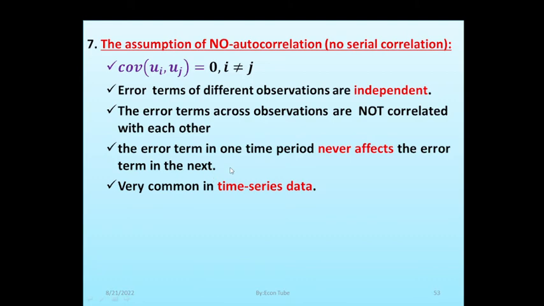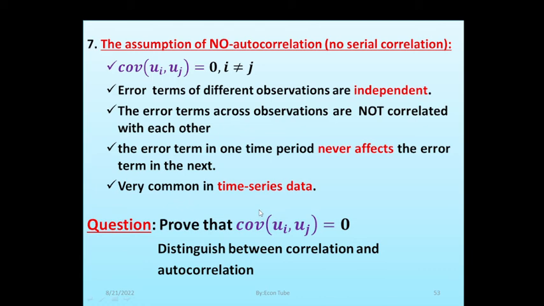Also, the error term in one time period never affects the error term in the next period. This assumption is very common in time series data. Question: prove that the covariance of ui, uj must be zero. Also, try to distinguish between correlation and autocorrelation.